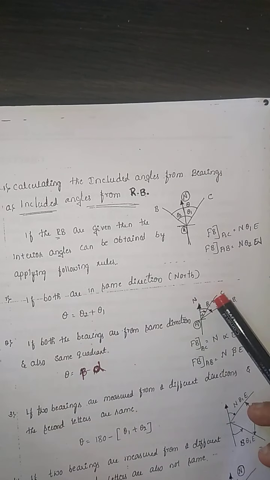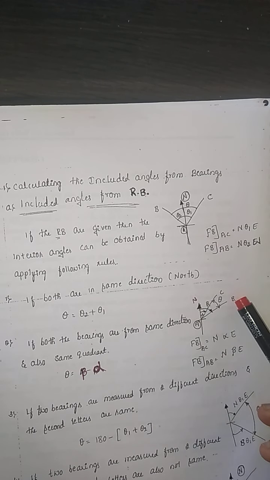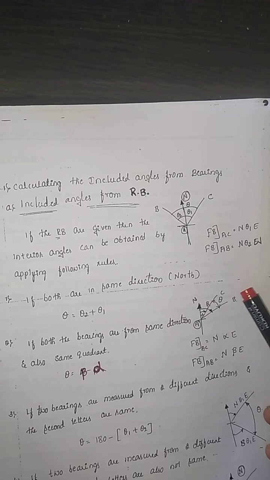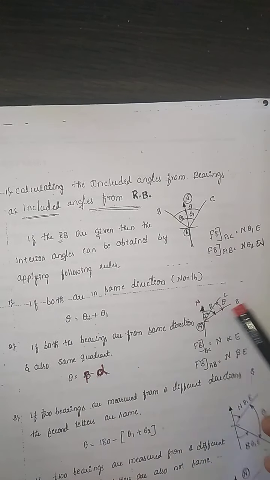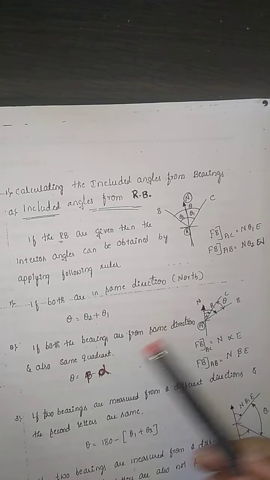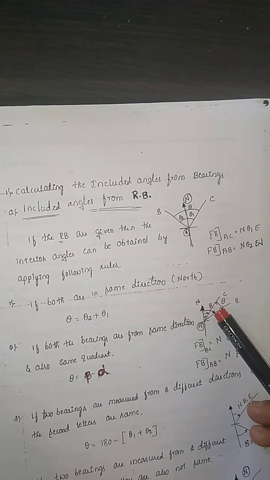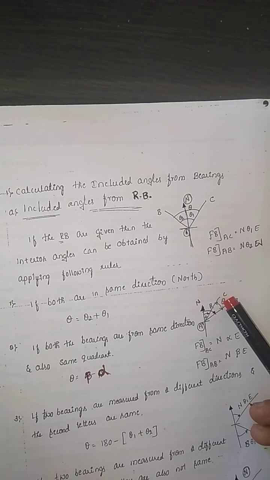You are going to get the angle theta. The angle CAB, you find by deducting beta minus alpha, because beta is greater and alpha is smaller.